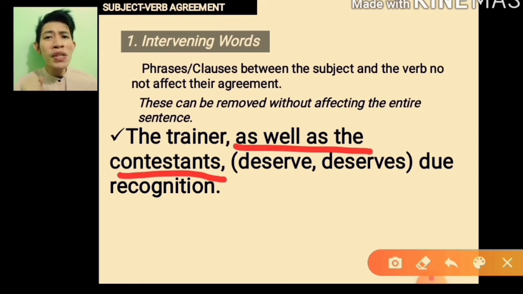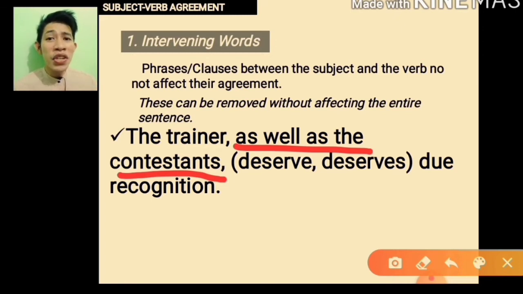So always look for the main subject. Okay? Sino ba ang tinutukoy sa sentence? Ang contestants ba? Or ang trainer? Diba? Who is the main subject? Diba ang trainer ang pinag-uusapan talaga dito? Diba? Kumbaga, ang contestants, in-add lang siya sa sentence.